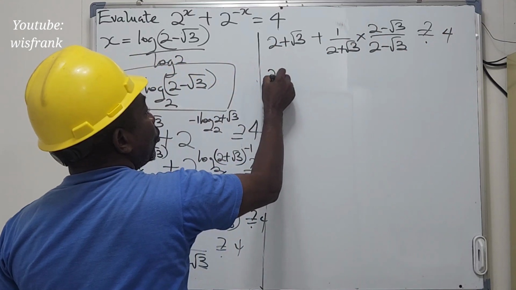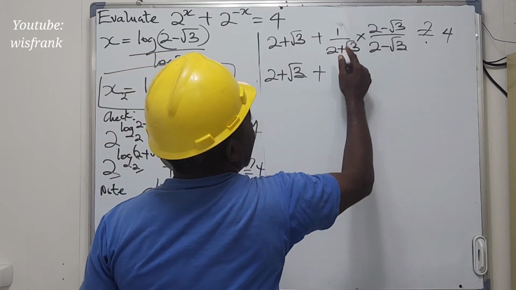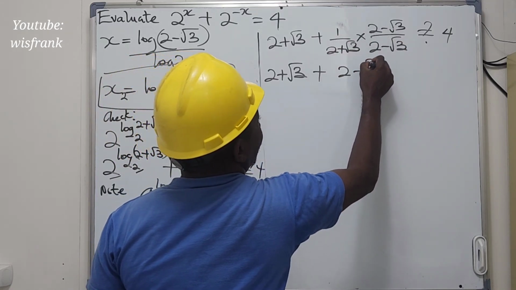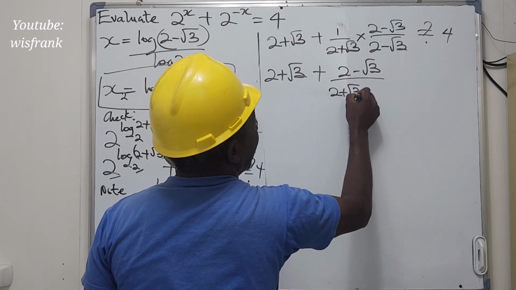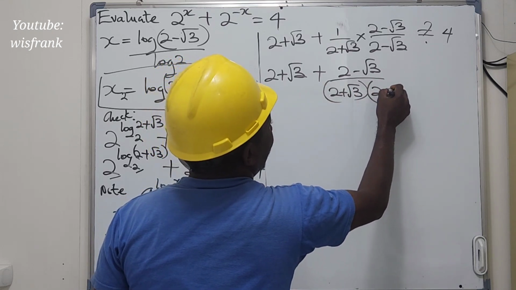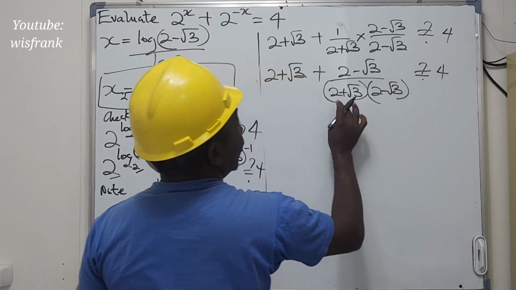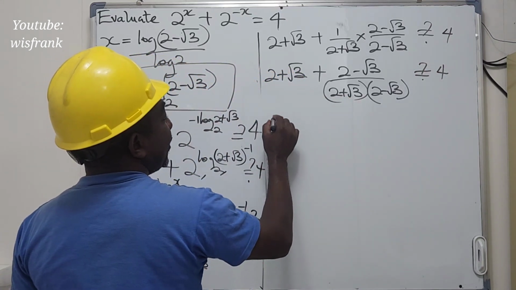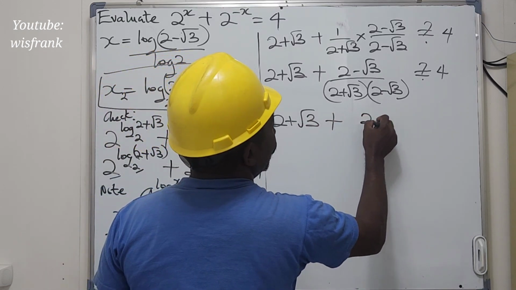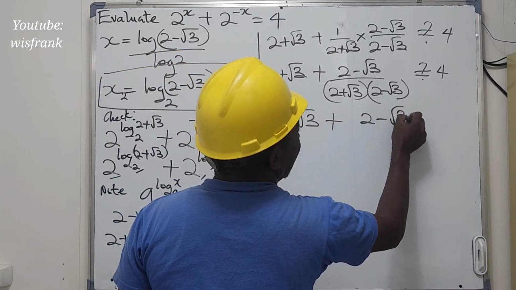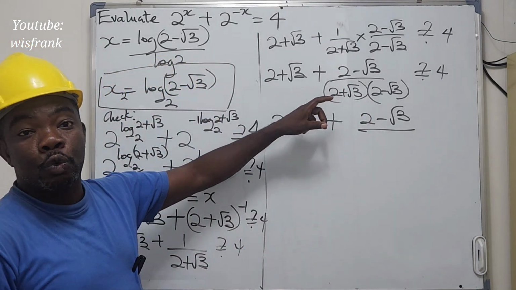So here will become 2 plus root 3 plus, when we multiply this, we will have 2 minus root 3. This is the same thing as 2 plus root 3 into 2 minus root 3. Will this equal 4? So in this case, this is the same thing as 2 plus root 3, then we have plus 2 minus root 3 all over the difference of 2 squares.